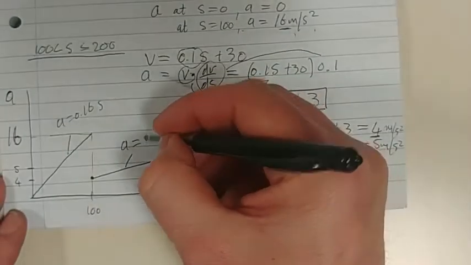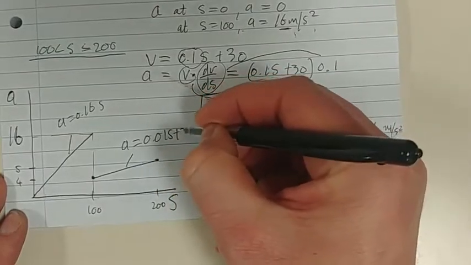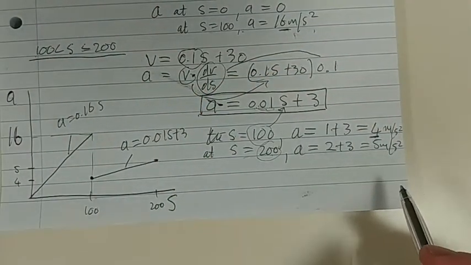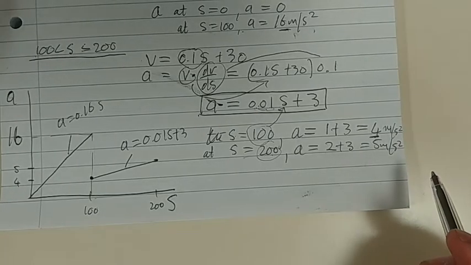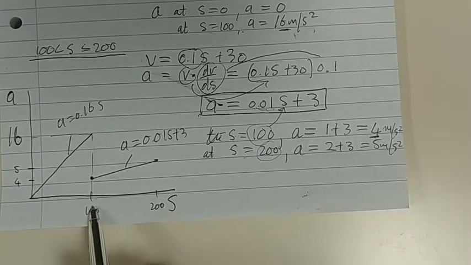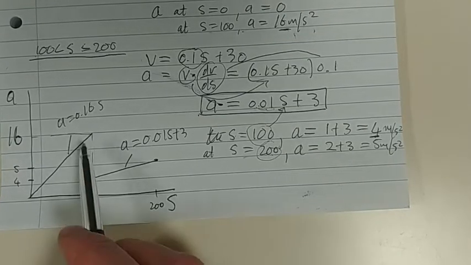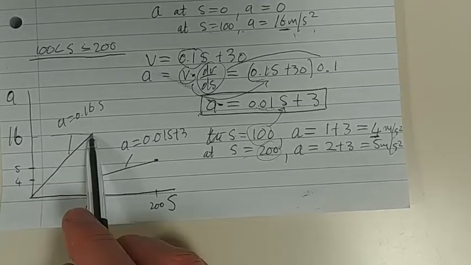A equals 0.01 s plus 3. Okay, so the question was, determine the acceleration of the plane at s equals 100. That's actually quite an interesting problem. I never thought about it till now. But we've got 16 meters per second squared.